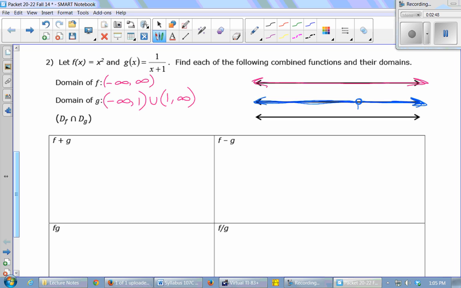Thank you. They overlap at all values except for negative 1. They don't share negative 1 because negative 1 is in f, but it's not in g. So they don't share that. So the overlap of their domains is this guy.